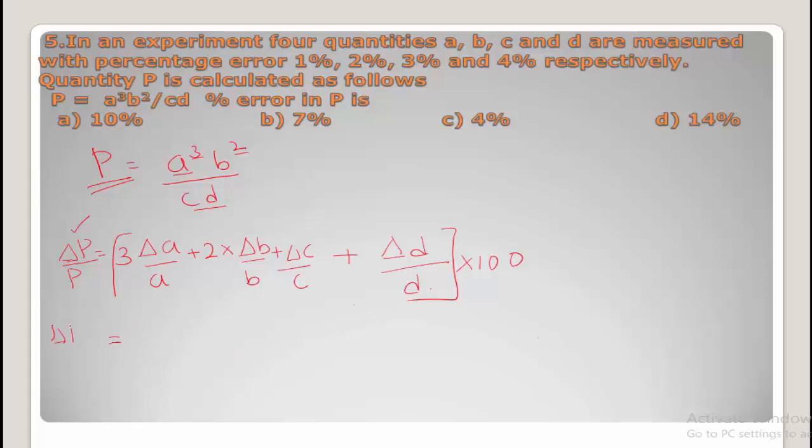So delta P by P into 100 equals 3 into percentage error of A plus 2 into percentage error of B plus percentage error of C plus percentage error of D. The given values: percentage error of A is 1, so 3 into 1 plus 2 into percentage error in B which is 2, plus percentage error in C which is 3 and D which is 4.